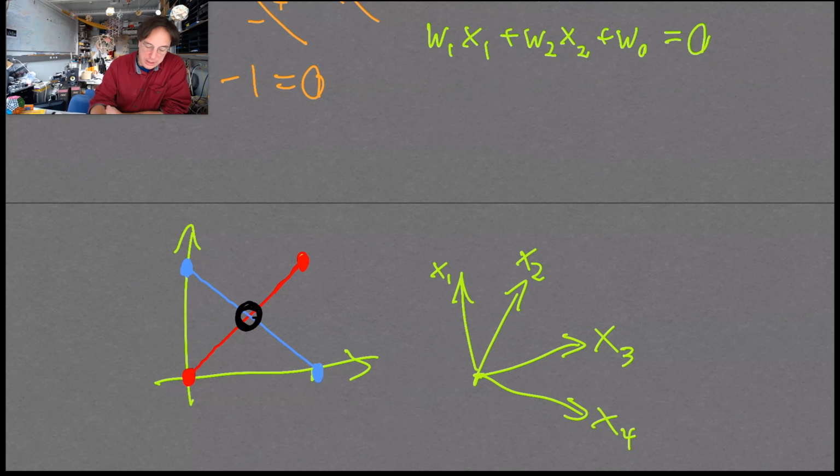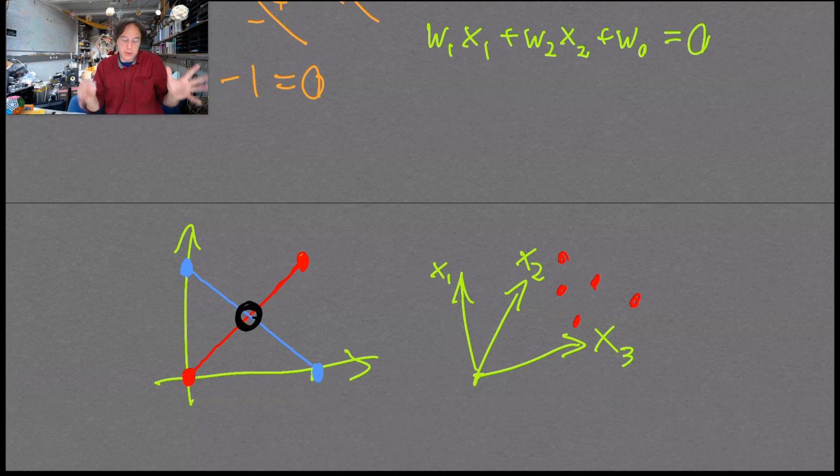And then someone might tell us, oh, I want all of these points to be on one side of the line. Maybe I'll erase the 4th dimension for now because not everyone is happy thinking about 4-dimensional pictures. But everything works in any number of dimensions. So now we can imagine an ordinary 3-dimensional space. We have a bunch of points. And then maybe we have some red points and some blue points.